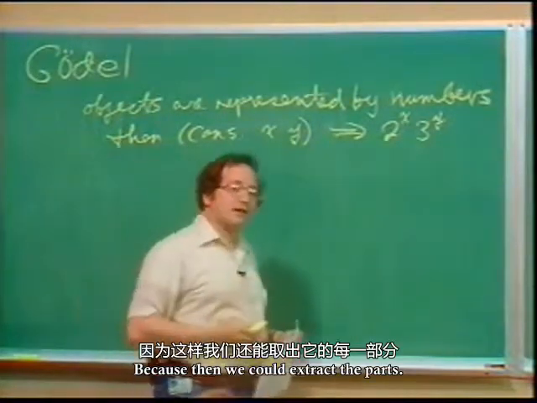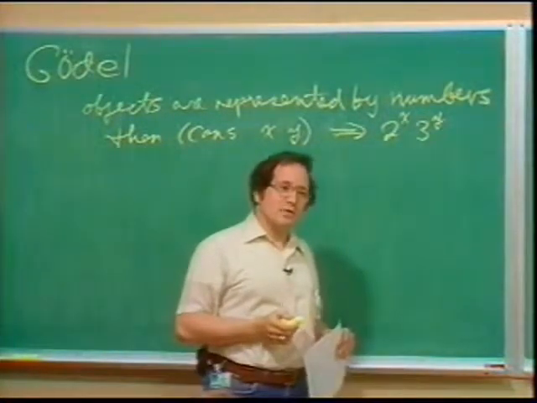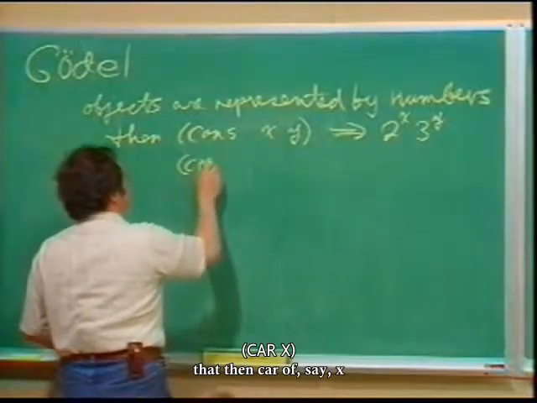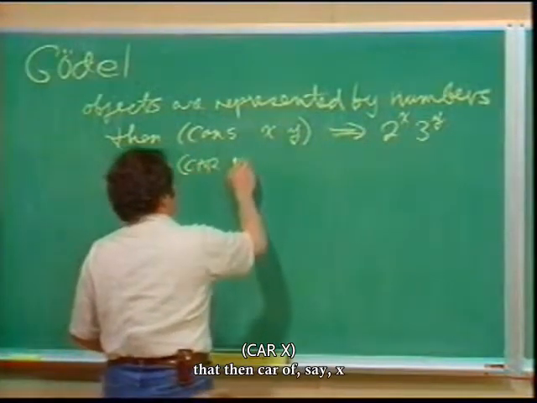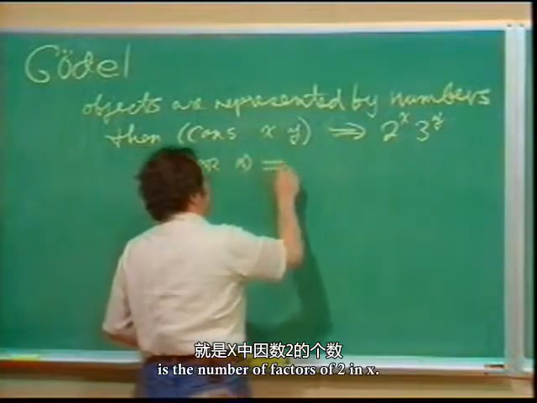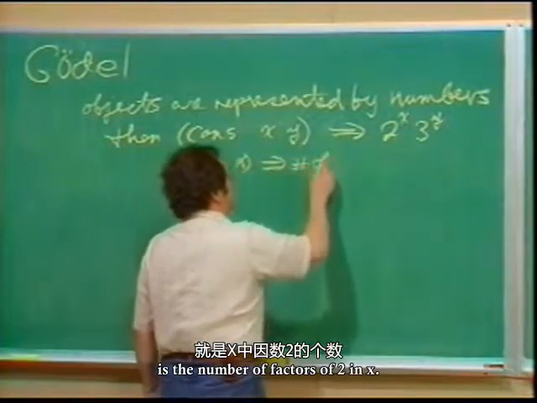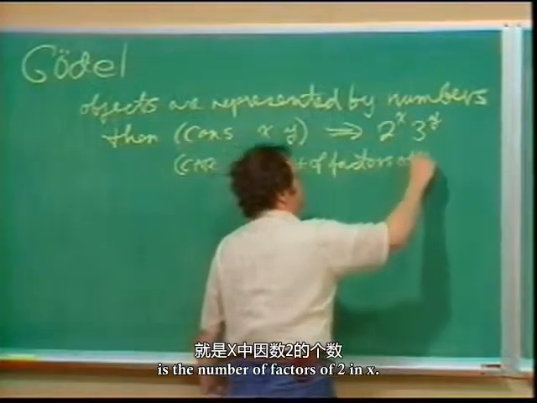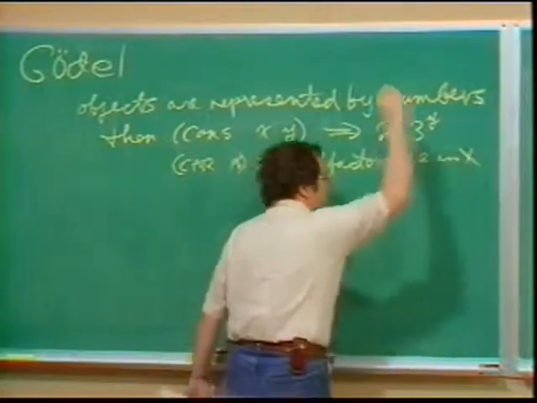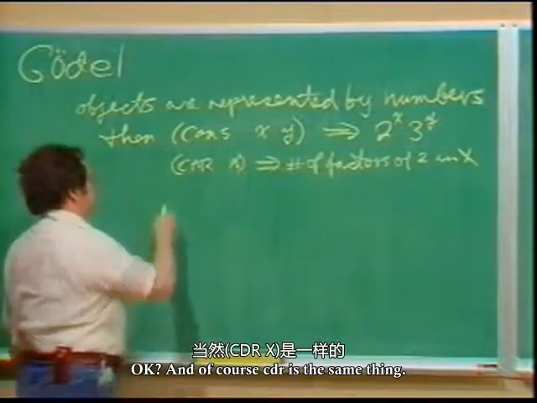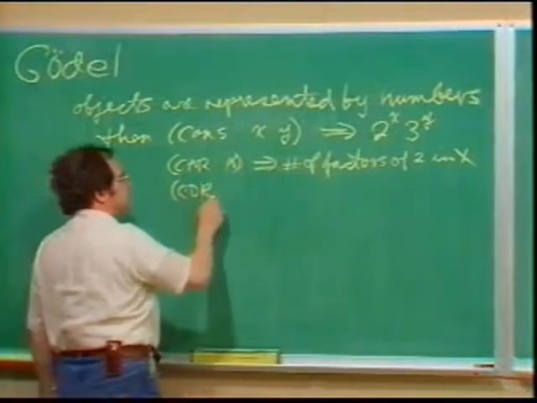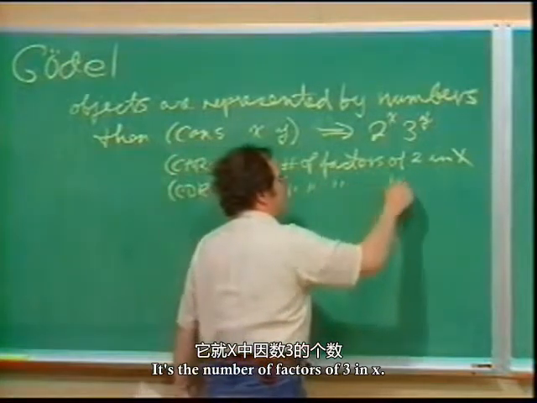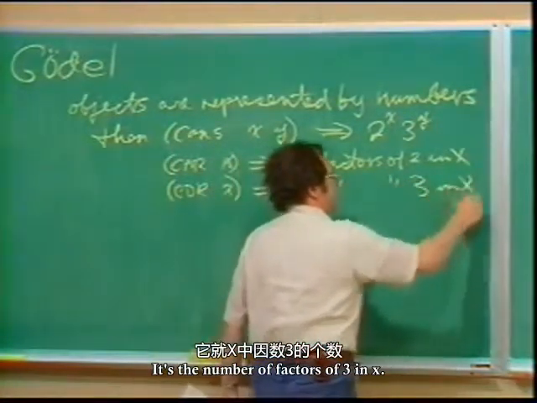Because then we could extract the parts. We could say, for example, that car of, say, x is the number of factors of 2 in x. Okay? And of course, cdr is the same thing. It's the number of factors of 3 in x.